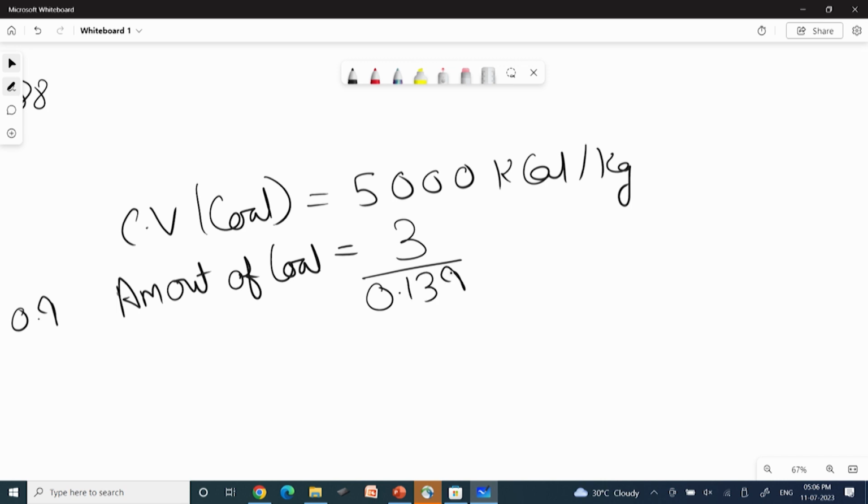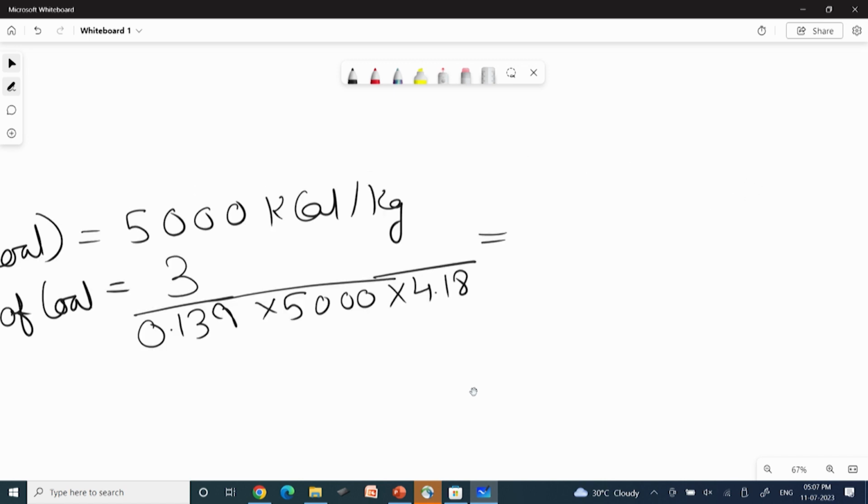This gives me the total amount of energy required, and then I divide that by the calorific value of coal, 5000, and I also need to convert kilocalories into kilojoules, which is a factor of 4.18. This result would roughly come out to be around 1030 kg of coal that would be required.